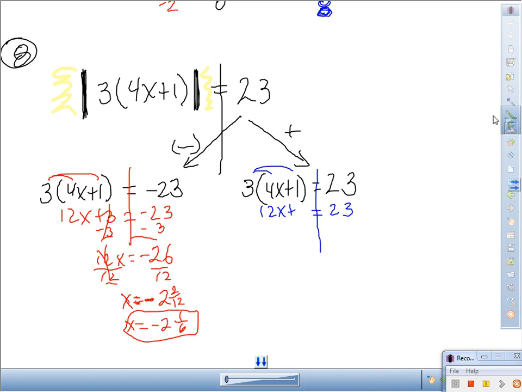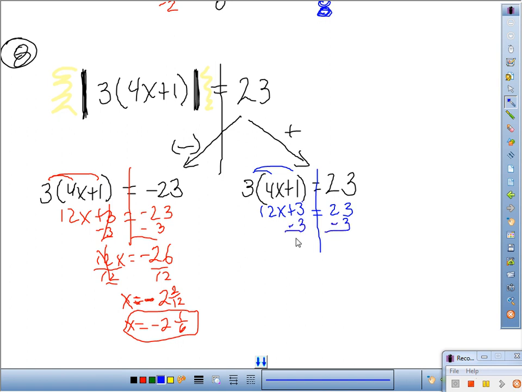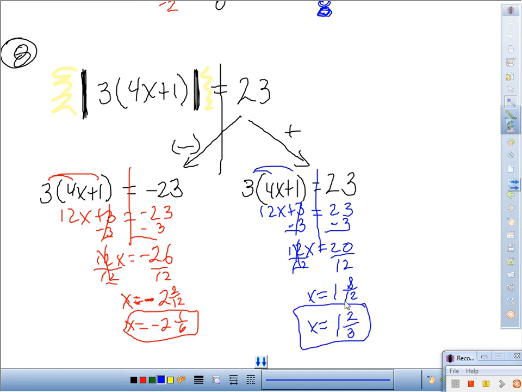I did that on purpose, by the way. Minus 3, we get 12x equals 20. Divide by 12. How many times does 12 fit in there? Once. And we're left with 8/12. Can we simplify that? x equals 1 2/3.